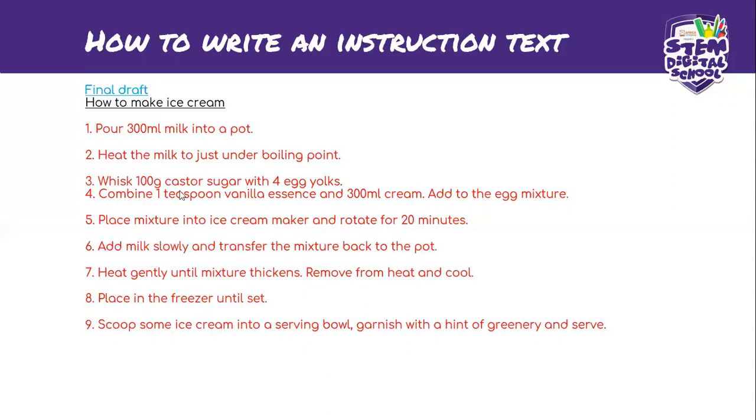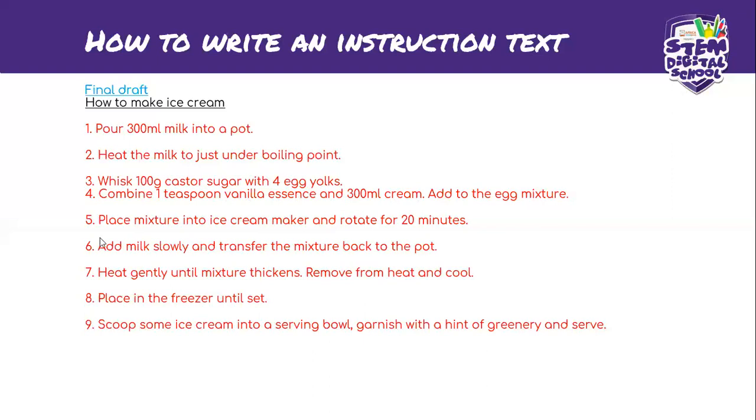You combine 1 teaspoon vanilla essence with 300 milliliters of cream. After you combine them, you add to the egg mixture. So what you have combined in step number 4, you are going to add with what you did in step number 3.